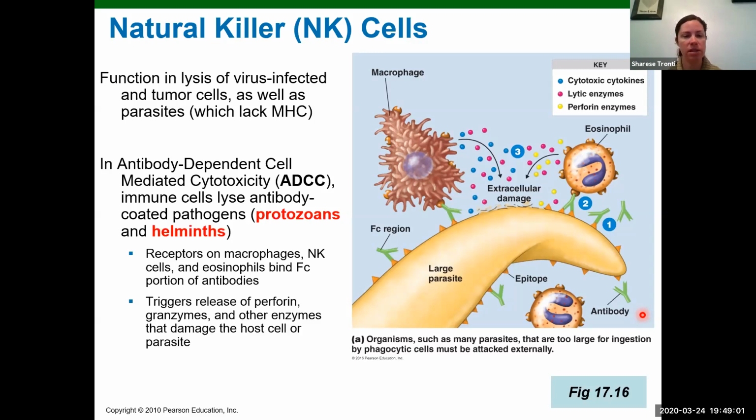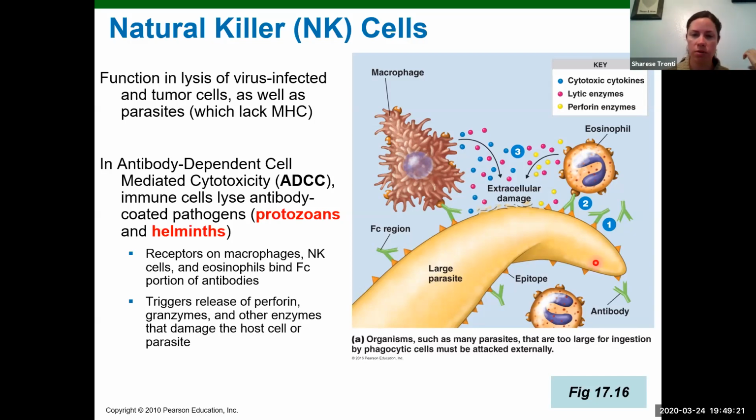So the big thing that we see against parasites is what we call antibody-dependent cell-mediated cytotoxicity. That's the process that parasites are killed. So again, a parasite is too big to be able to phagocytose, which is what we do for most microbes.